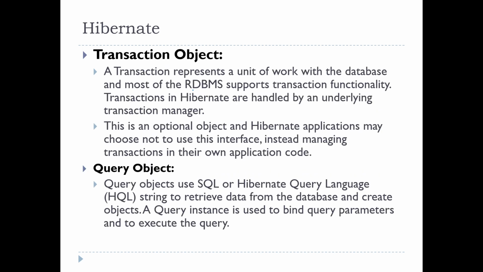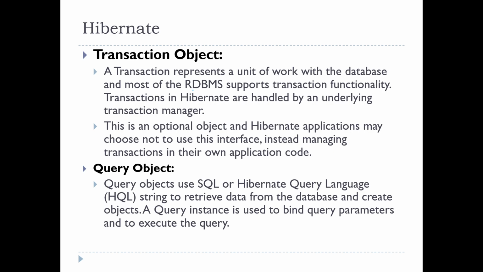Next is the transaction object. So a transaction will represent a unit of work with the database, and most of the relational databases support transaction functionality like creating a transaction, then committing a transaction, rolling back a transaction, and so on. So the transactions which we create in Hibernate are handled by a transaction manager.